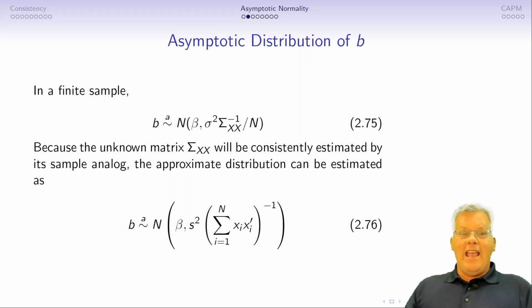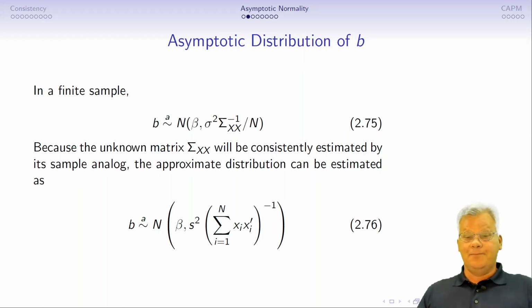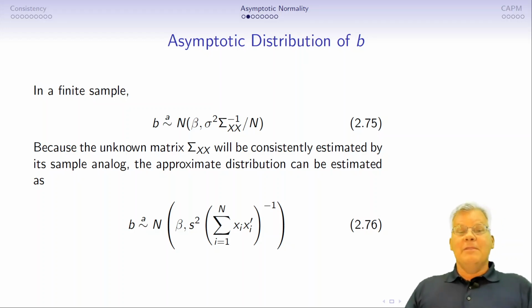So, in a finite sample, we could say that b is distributed asymptotically normal with mean beta and variance sigma squared multiplied by sigma sub xx quantity inverse divided by the sample size n. Sigma sub xx is unknown, but we can consistently estimate it by a sample analog.